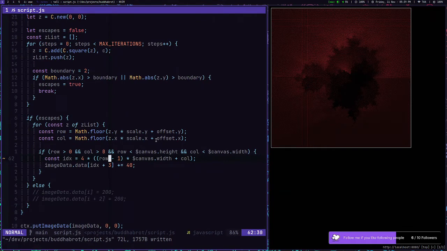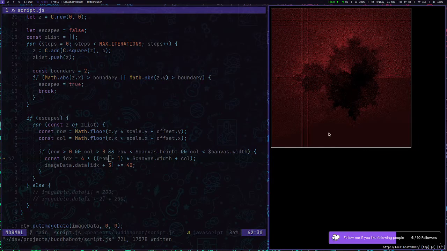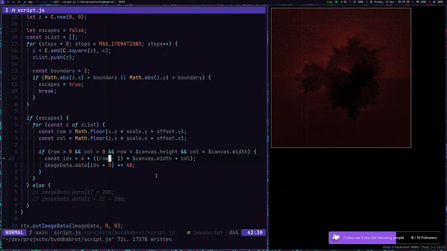I'm pretty confident this is how it should be, because we do need the row to be row minus 1 times the width, the cells above it, and then we add the column to get the index. So I think this is the right one. I'm still not sure because there's a bright line that appeared here, which I'm conflicted about whether that's a good thing. But that's where we are right now.